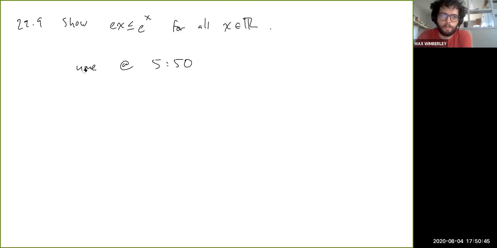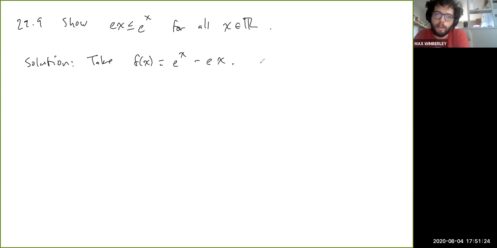All right. So let's go over this. The key with a lot of these problems is to pick the right function that you can then apply some theorem to, and have the result of that theorem be equivalent to what you're trying to show. So in this case, given this inequality, take f of x equals e to the x minus ex.